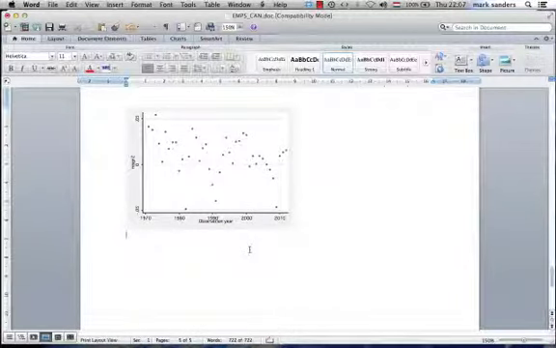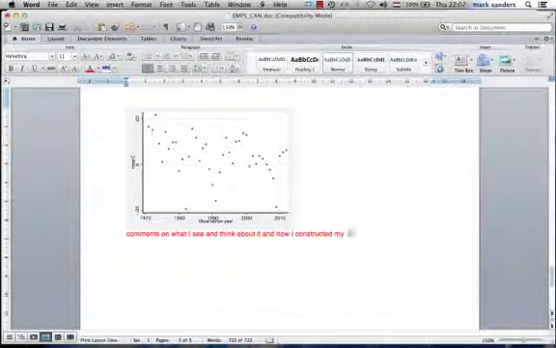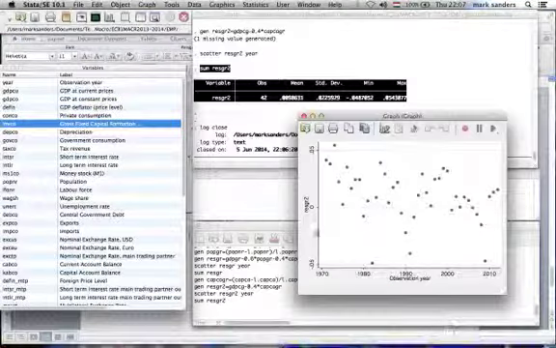So I'm going to write some comments here, comments on what I see and think about it and how I constructed my data, and then I am done. Right, so before I exit this, I go to my do file basically.